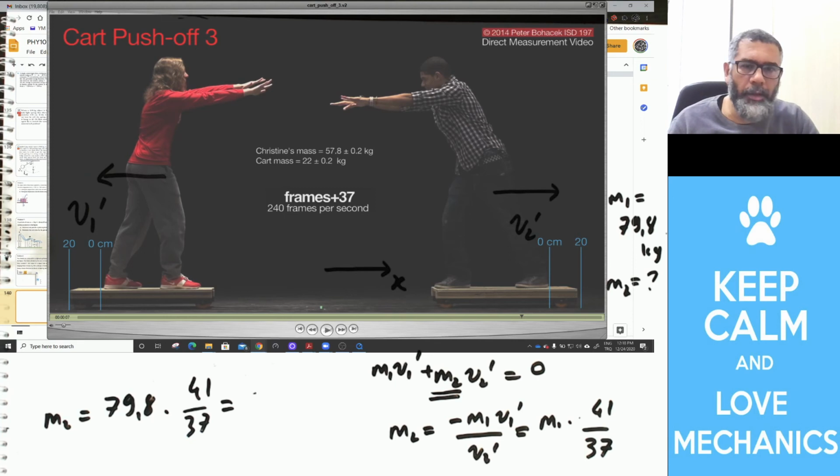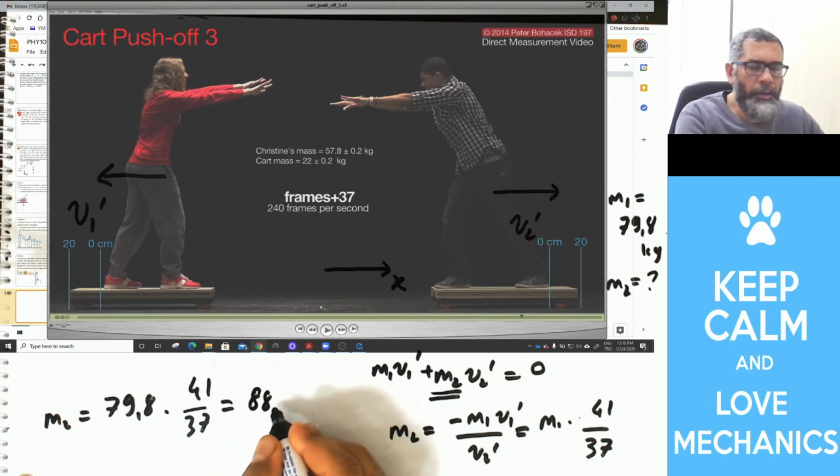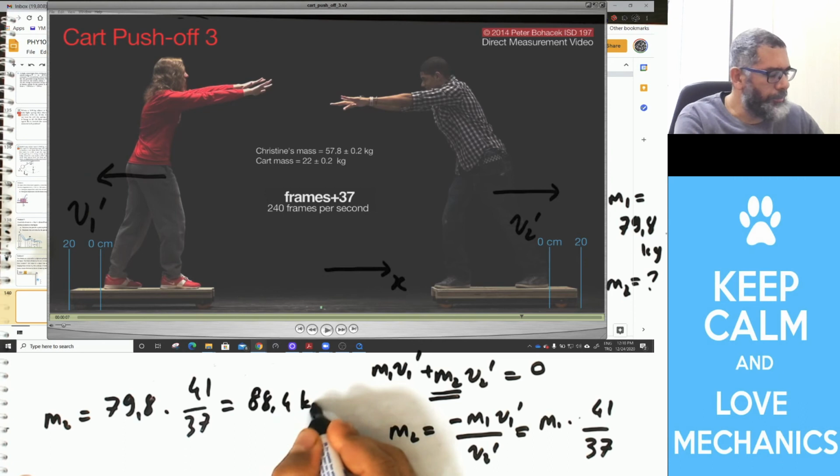Okay, 79.8 multiplied by 41 and divide this by 37. It is just 88.4 kilograms.